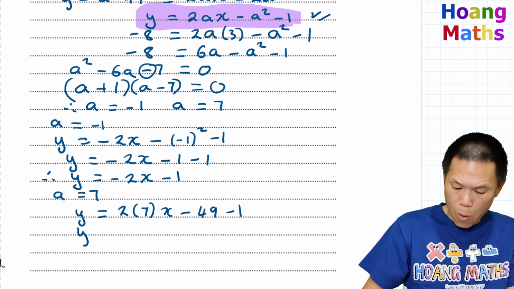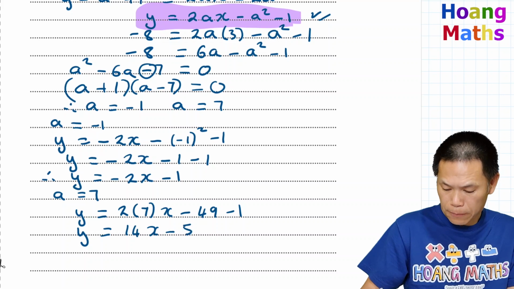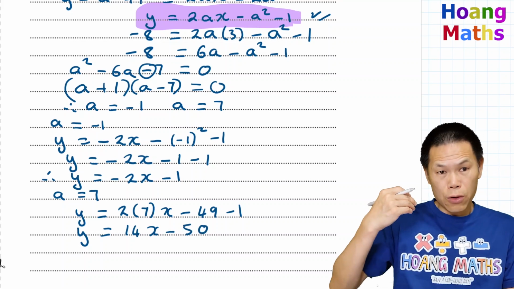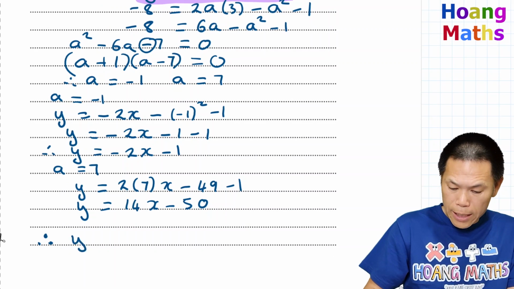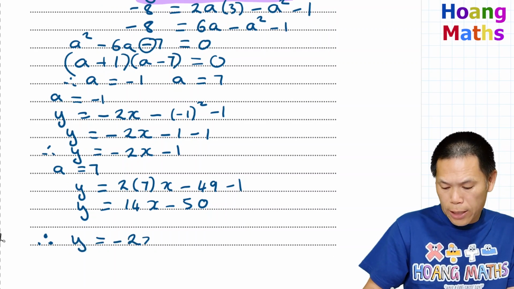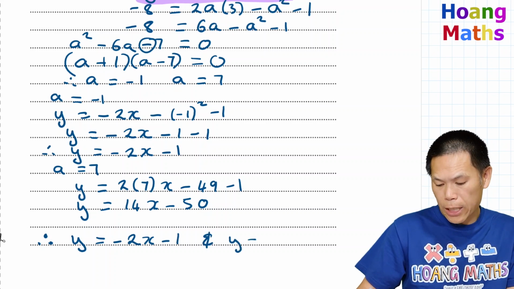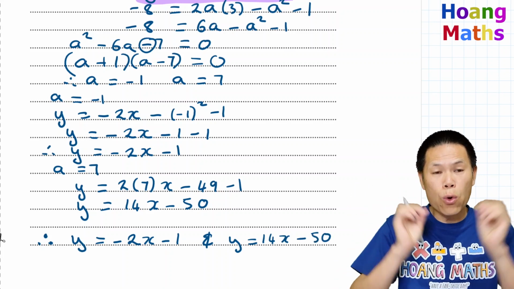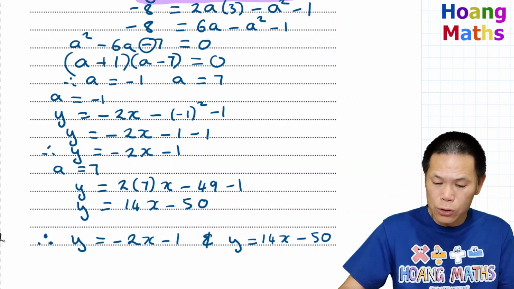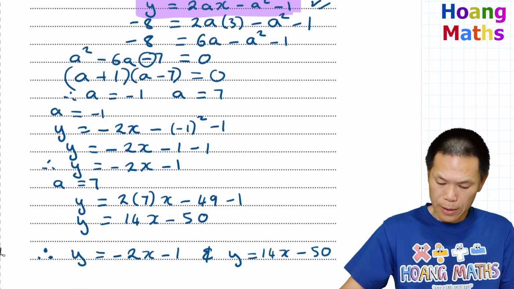So that means y is equal to 14x minus 50. So let me just rewrite this out. So therefore, y equals -2x minus 1 and y equals 14x minus 50. So there you go. These are the two equations of the tangent that are passing through point 3, -8.